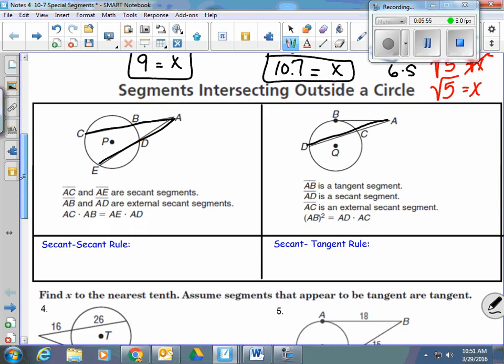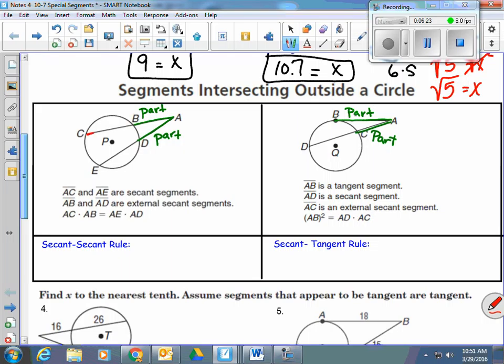Okay. So what we're going to do first is I'm going to give you just the formula of how to work these problems. And we're going to do it with something called parts and wholes. A part is on the outside only. So right here, this is a part. This is a part. This is a part. This is a part. Everybody got the parts down? Okay.